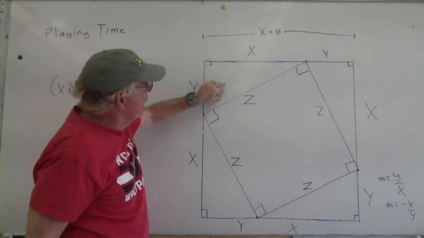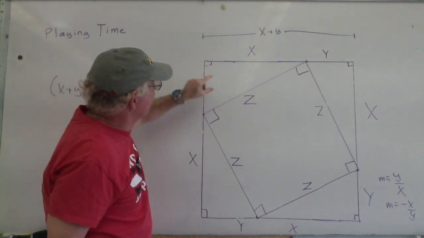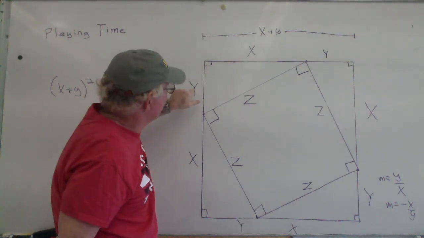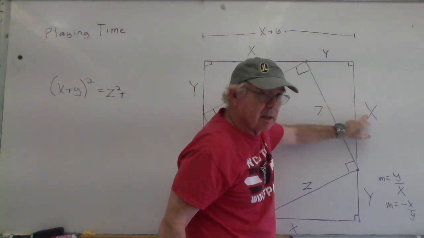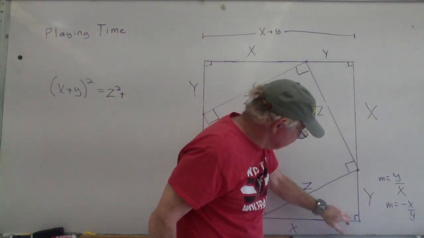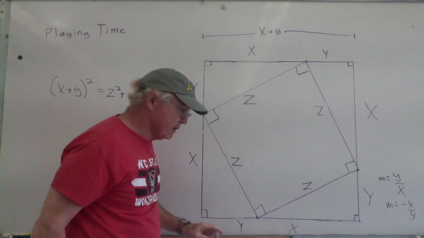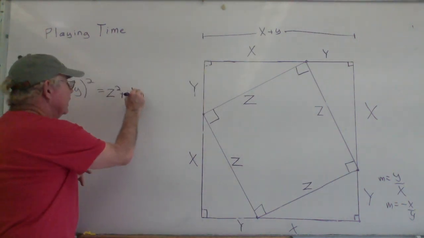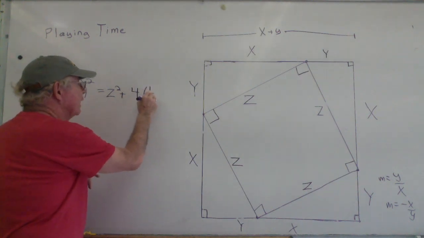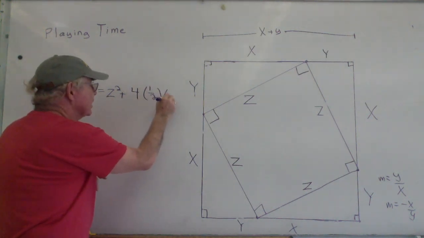But each of these triangles has an area of 1/2 base times height. So there's 4 triangles, and each area is 1/2 x times y.